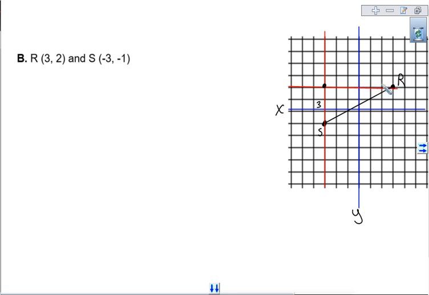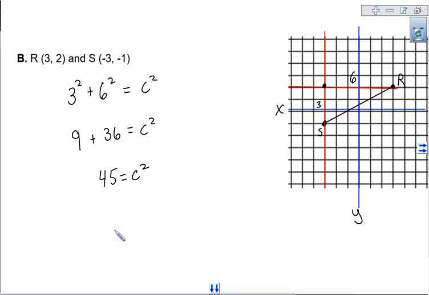And from that point to R, 6 units. 3 squared plus 6 squared equals c squared. 3 squared is 9, plus 6 squared, which is 36, equals c squared. 9 plus 36 is 45, equals c squared. And then, again, take your square root.